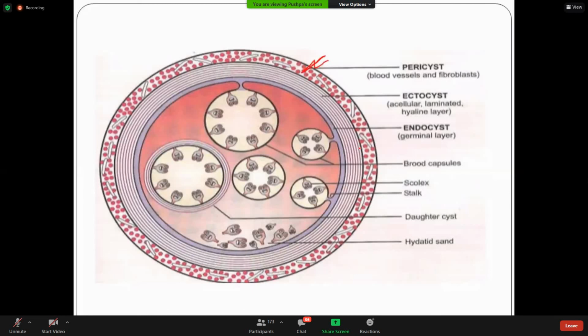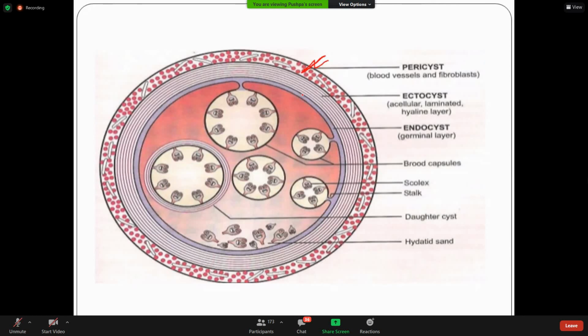These are known as brood capsules, multiple ones, having the germinal center and the parasite inside them. And then the daughter cyst, with individual protoscolices. These parasites lying here at the bottom are known as hydatid sand.